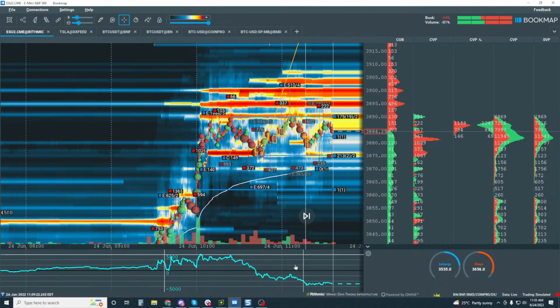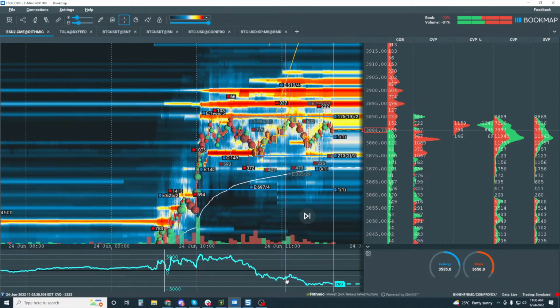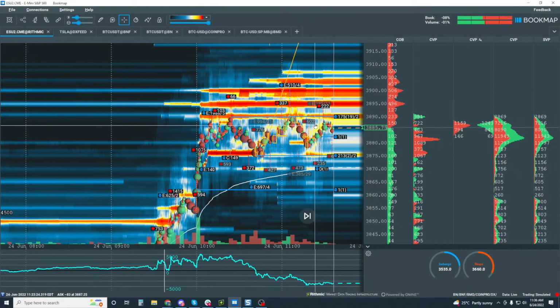Indicators are to be used as a confluence. They can be rather destructive to your account if you're just trading off of indicators. It's really order flow and context of the order flow, along with your trading style, and then indicators to give you even more confirmation or more confluence.